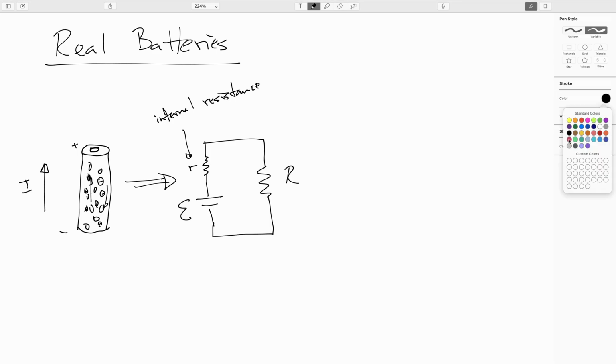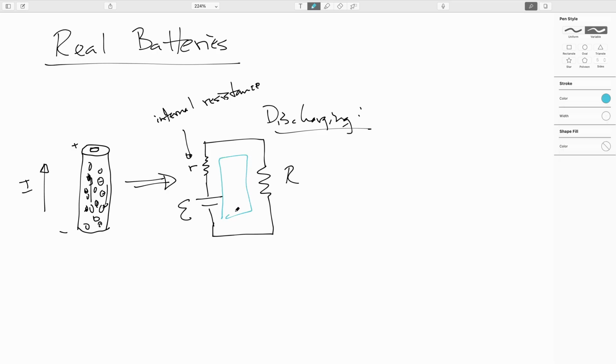So now if this is discharging, just the normal state of operation for a battery, if you have a discharging system, the current is going to be going from negative to positive inside the battery.